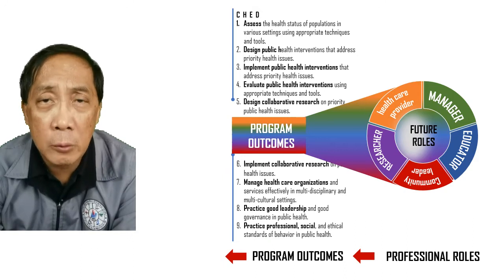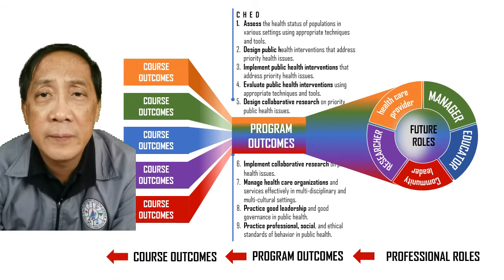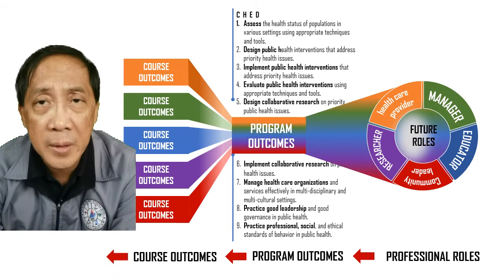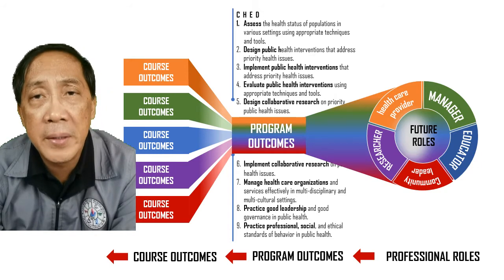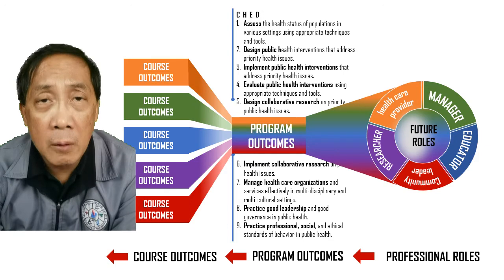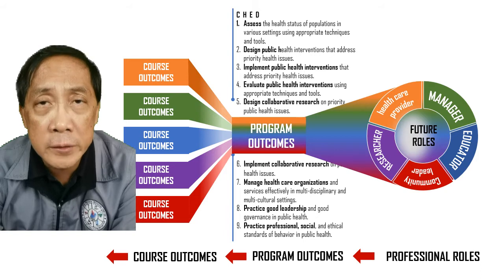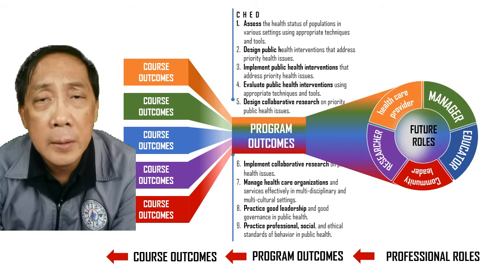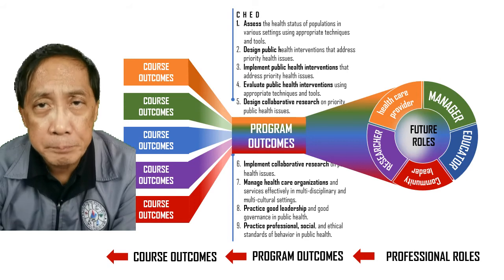When we talk about course outcome, we talk about outcomes related to the end of a specific course or a subject. Let's say at the end of anatomy, the end of physiology, or pediatrics. But all of these courses will have as their major source of intended learning outcome the statements of program outcomes.